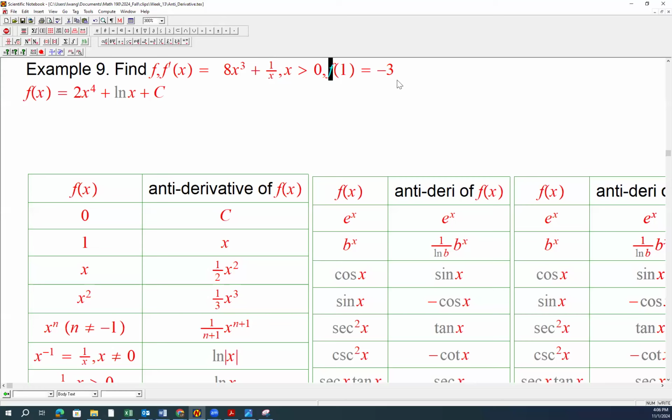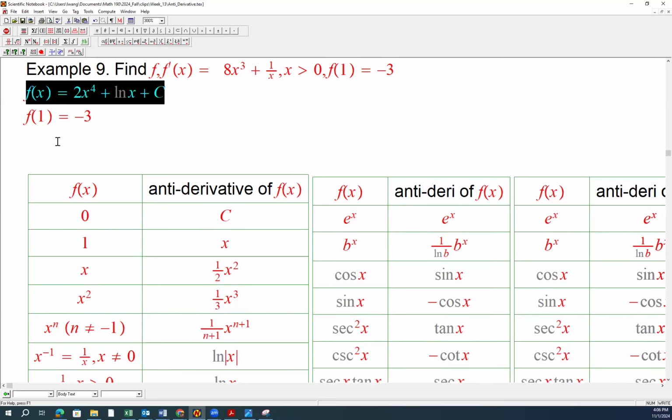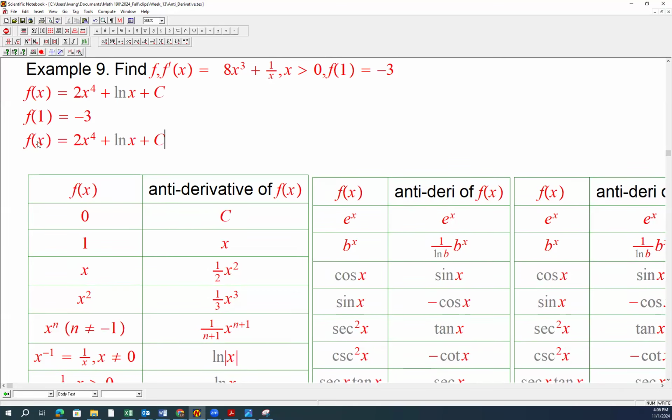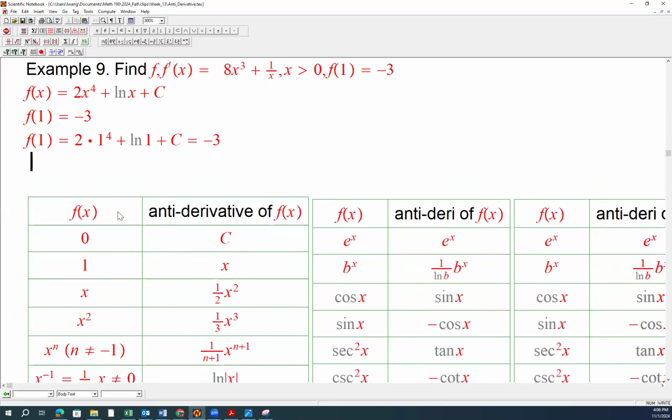And then we're going to apply the condition f of 1 equals -3. So in the function we got, we're going to substitute x by 1. Okay, and that's going to be -3. We're solving for c. And that part is 2, since ln 1 is 0, so 2 plus c equals -3.